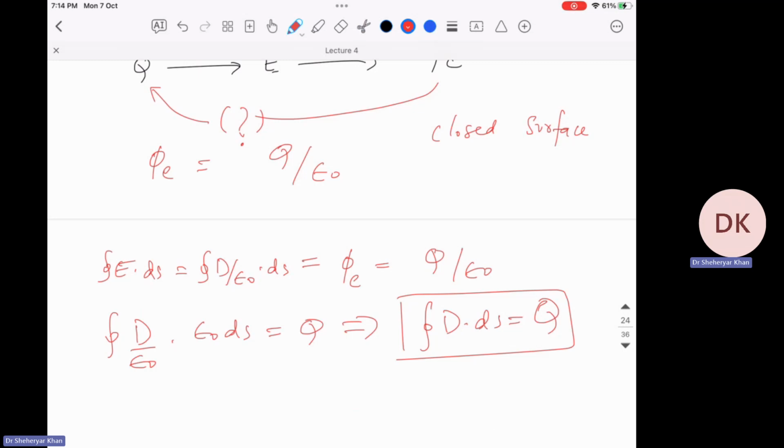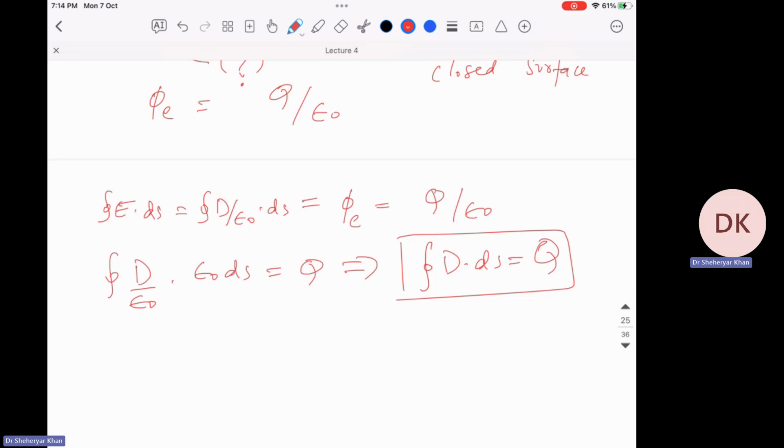Okay. Now, if you recall the divergence theorem, right? Now we are trying to sum up all the quantities in one picture. So, do you remember the divergence theorem? Can you go back to your notes and help me to write the divergence theorem?